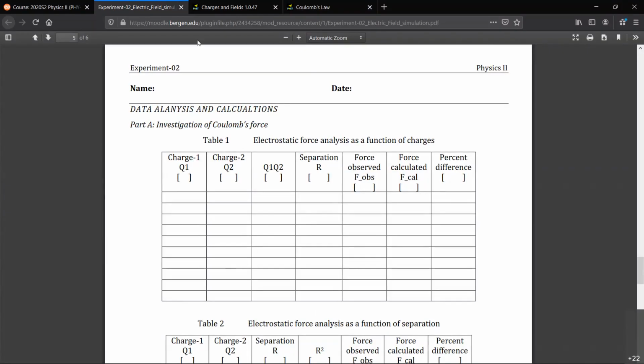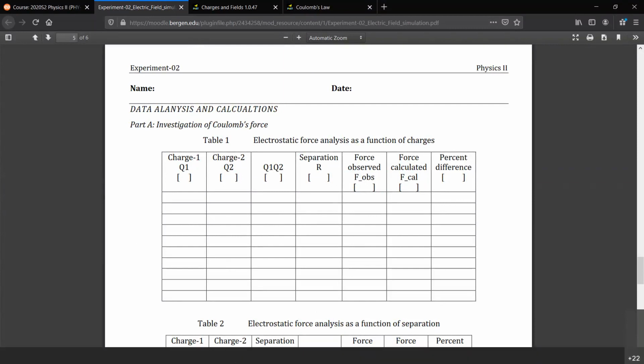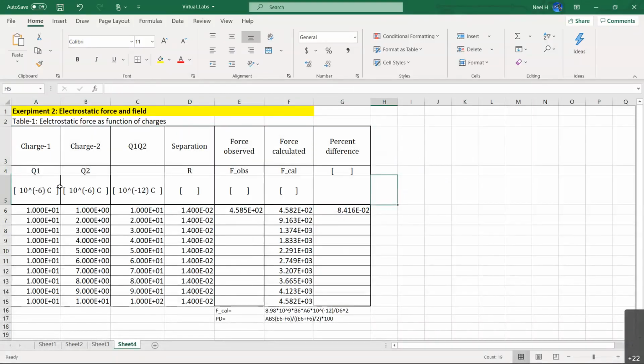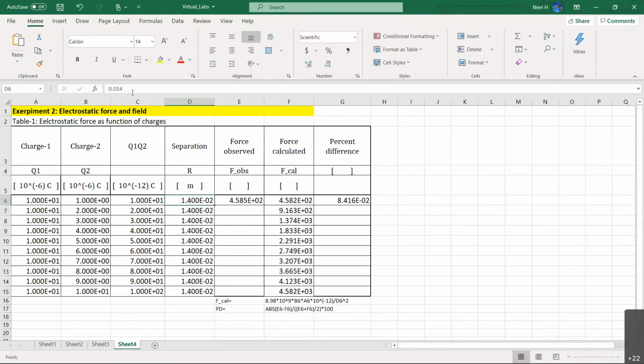This lab is going to be a detailed lab report, right? This is lab number 2. Any questions? And you need the units for each of these. This is in meters. I'm measuring the separation between the charges in centimeters, 1.4 multiplied by 10 to the negative 2, right?